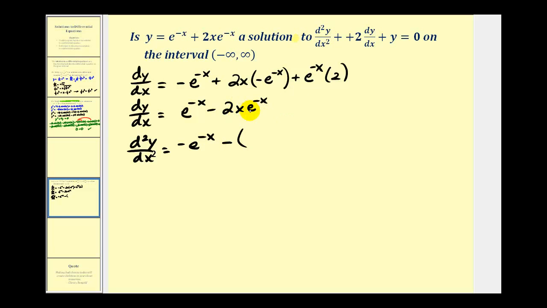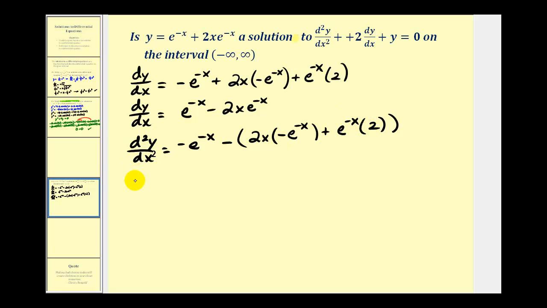So we'll have the first function, 2x, times the derivative of the second function. The derivative of e to the negative x is negative e to the negative x, plus the second function, e to the negative x, times the derivative of the first, which would be 2. Now it is important that we have this in parentheses, so we're subtracting this entire quantity.